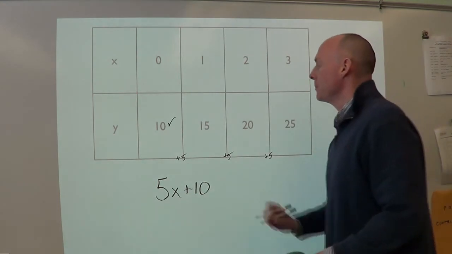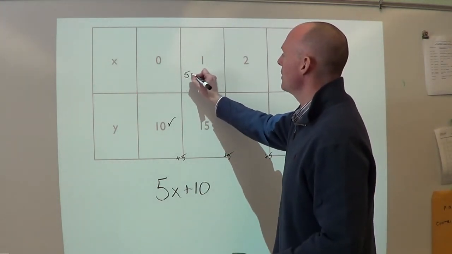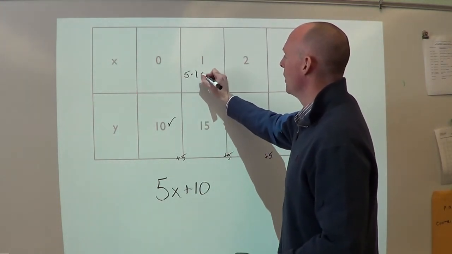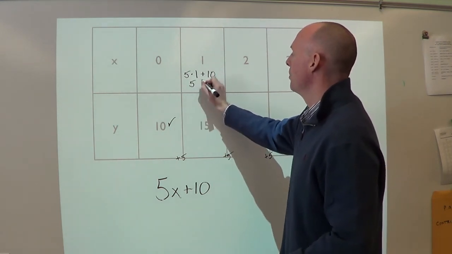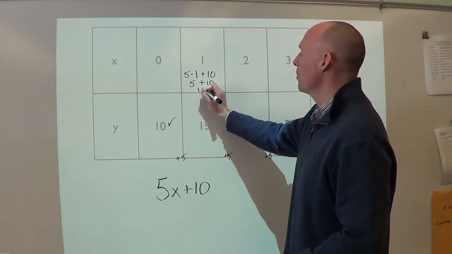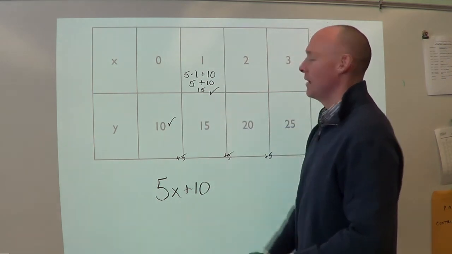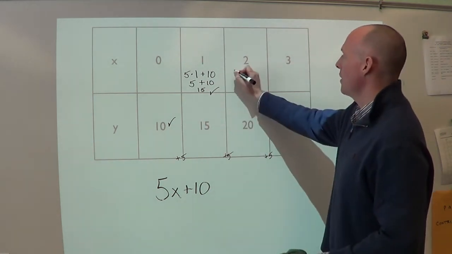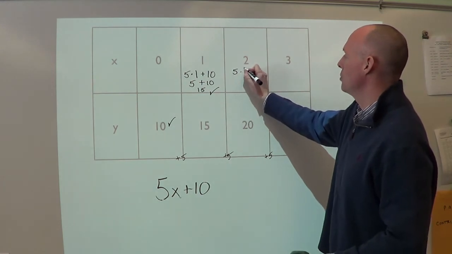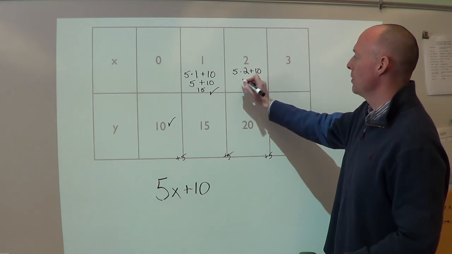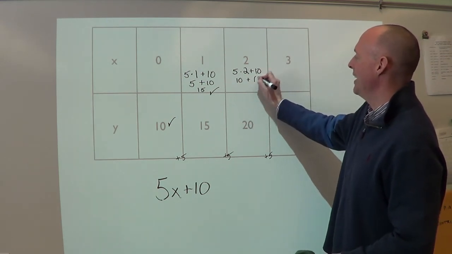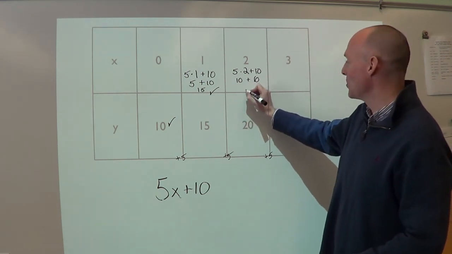Let's try this one. 5 times 1 plus 10. 5 times 1 is 5, plus 10. Ooh, 15. That's good. Let's try 5 times 2 plus 10. 5 times 2 is 10, plus 10. Ooh, that does equal 20.